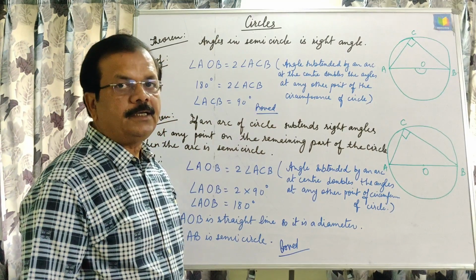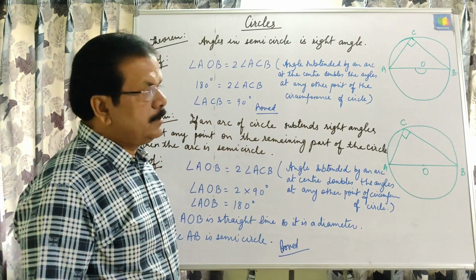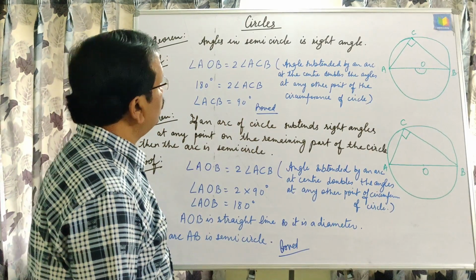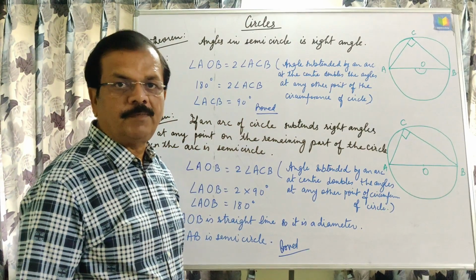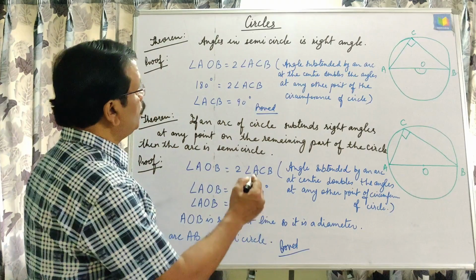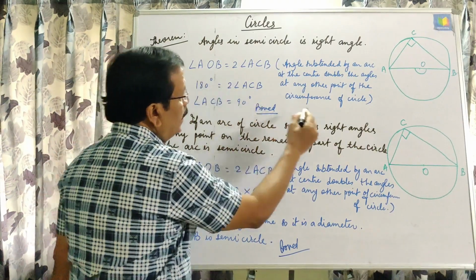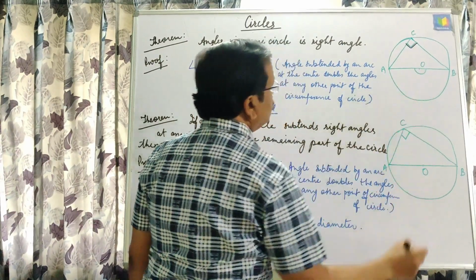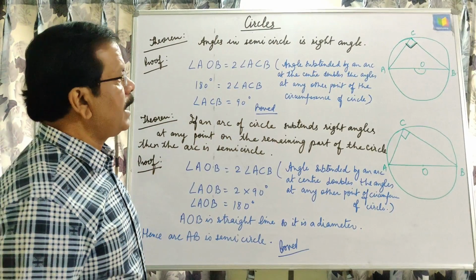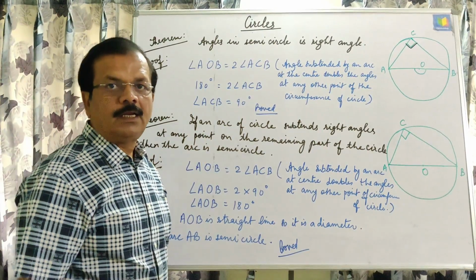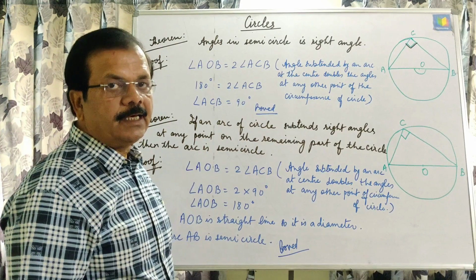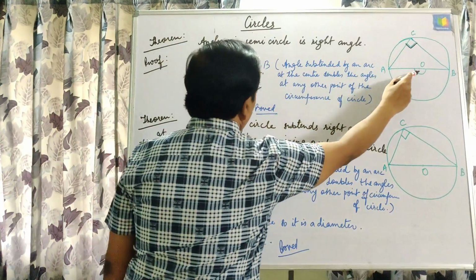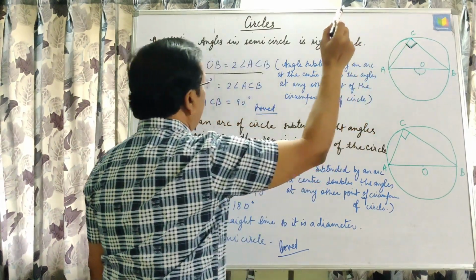Since we already studied in detail the first and second theorems, by the statement it is obvious that the angle in a semicircle will be a right angle, but the way of proving is this: you will prove here angle AOB is equal to twice angle this, because you will write the statement in your words, angle subtended by any arc of the circle is double the angle subtended at any other point of the circumference of the circle, and that is why angle AOB is equal to twice angle ACB.